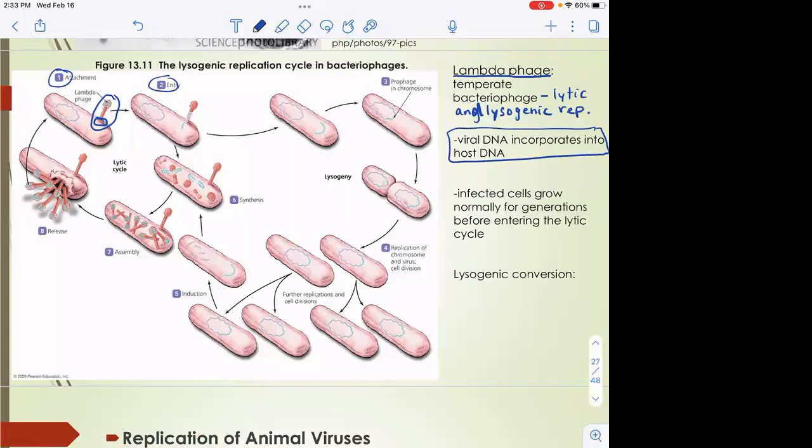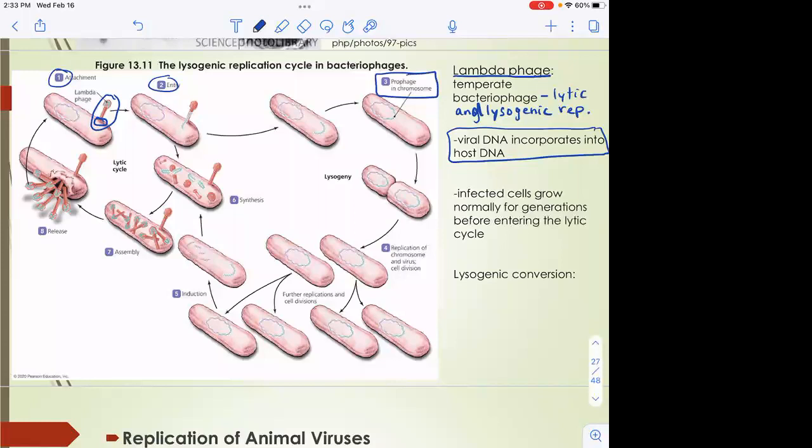We call that stage the prophage. A bacteria cell that has some viral DNA incorporated into its chromosome is called a prophage. And actually, that virus can just hang out in that host chromosome for generations and generations.